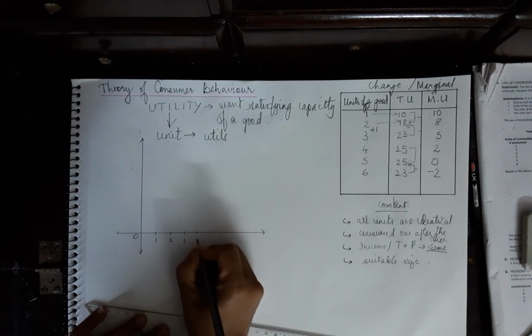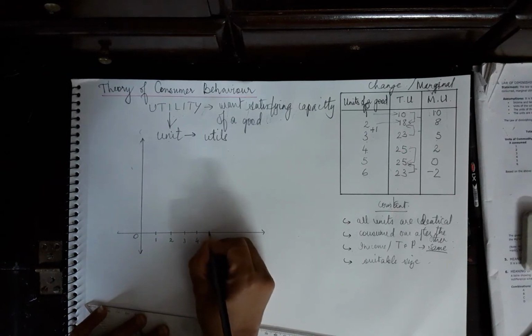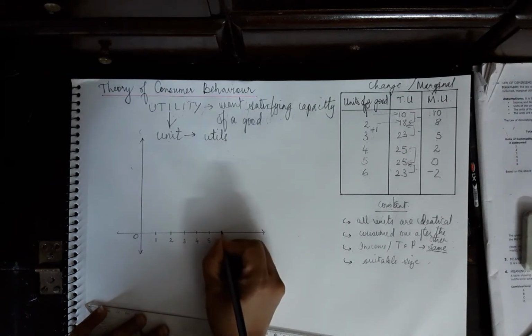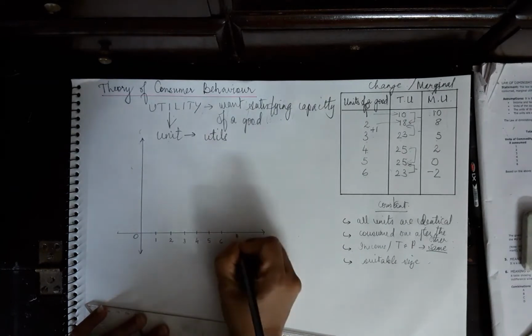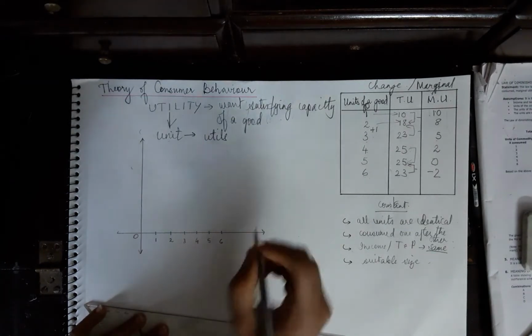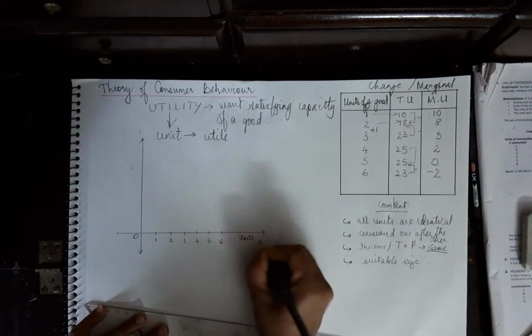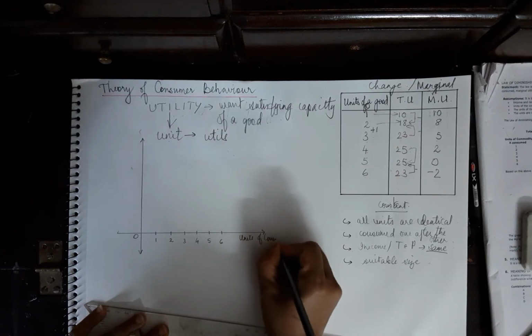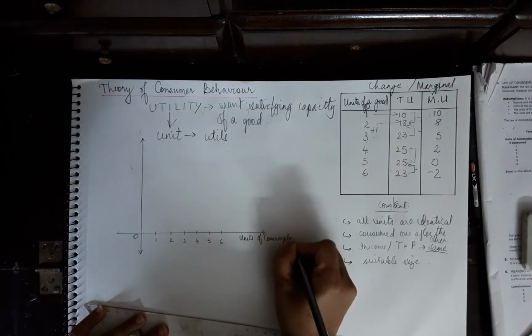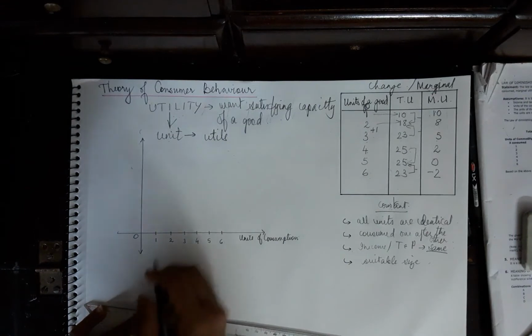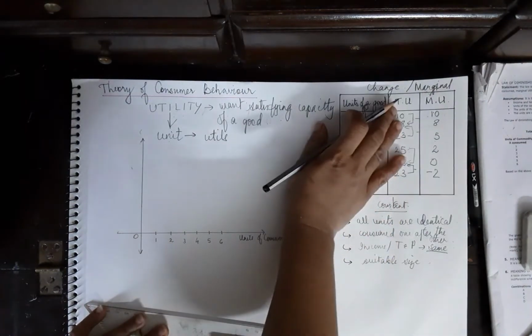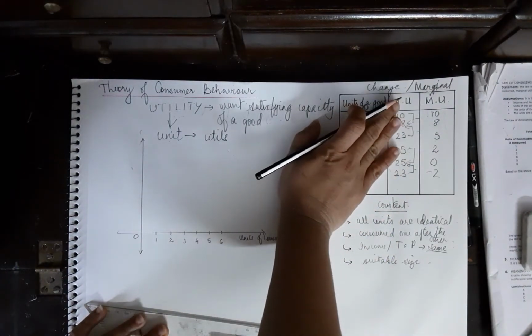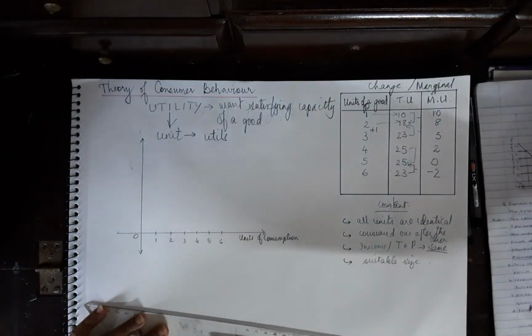On your ruler, when you're drawing it, you can take 1 centimeter. Up till 6 units I consumed, right? So I am going to put it up to 6 units. So I will write here units of consumption.